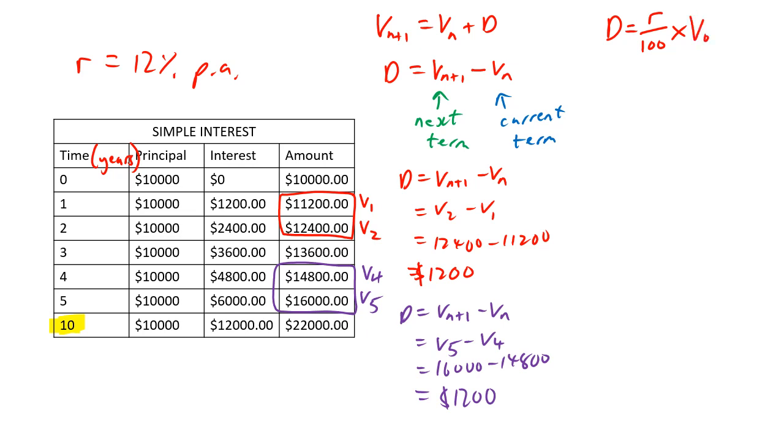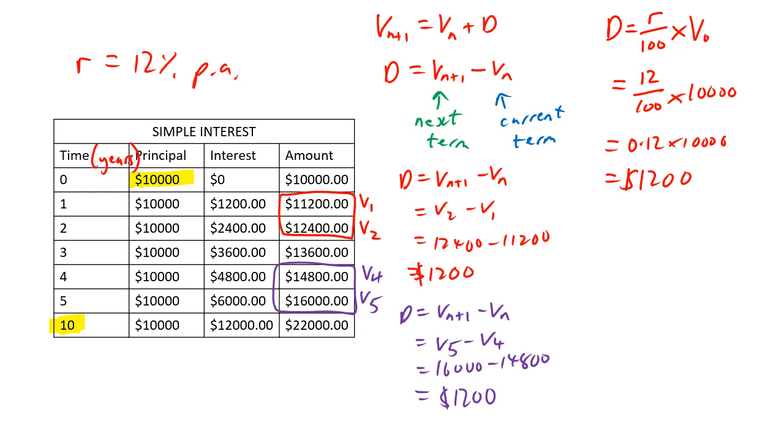You know, the same thing. So this would just equal 12, because it said 12% per annum, over 100, and our V naught was 10,000, so times 10,000. And if you do all that, you should get 0.12 times 10,000, which does in fact equal $1,200.